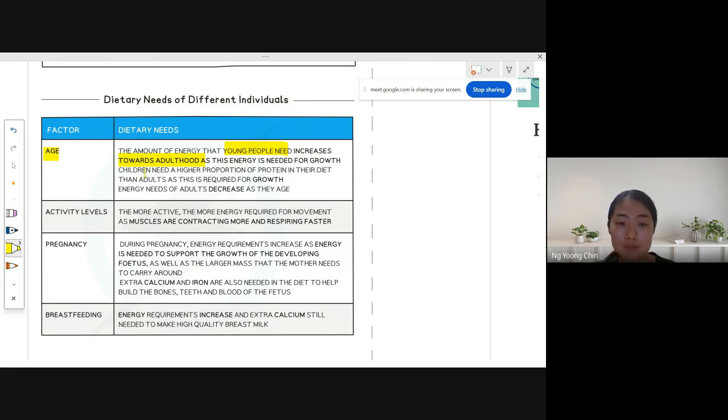But when you compare children with adults, children need a higher proportion of proteins compared to adults, due to the growth and development that happens in childhood. Okay, so the energy needs of adults decrease as they age.